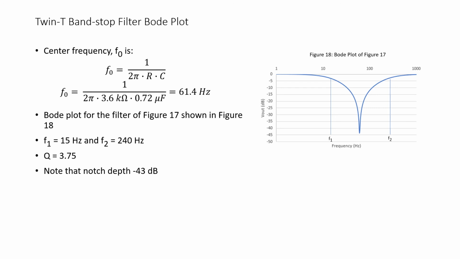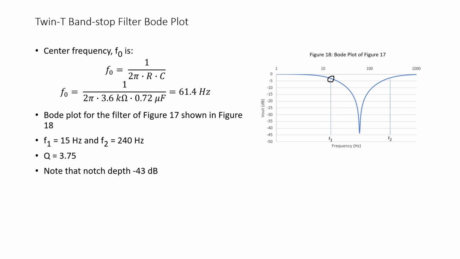Now, in order to determine F1 and F2, we have to do this graphically by looking at the Bode plot. So we find the point where the output signal drops to negative 3 dB, and then of course we graphically determine that value at 15 hertz.